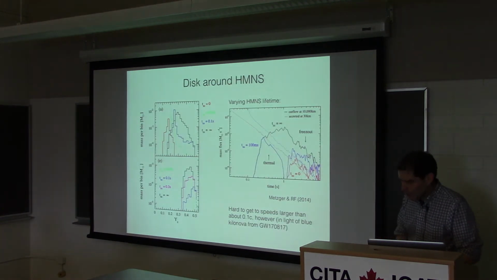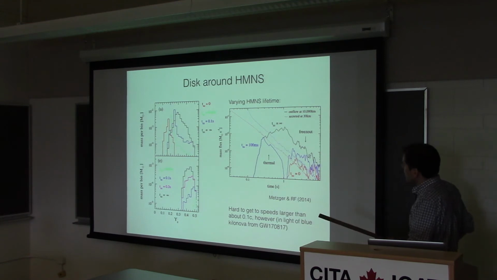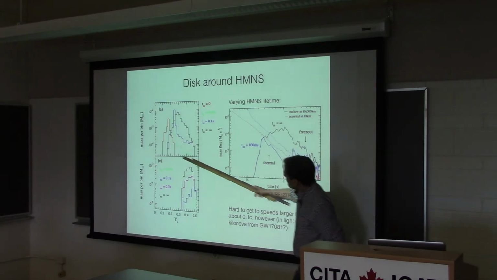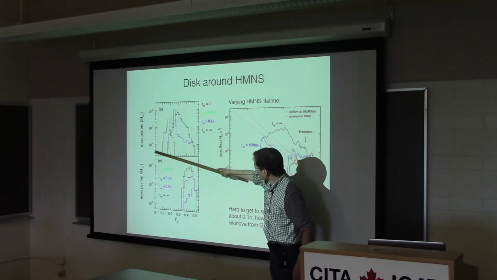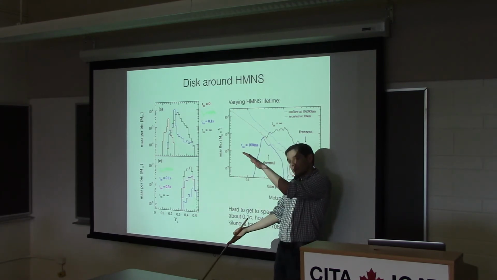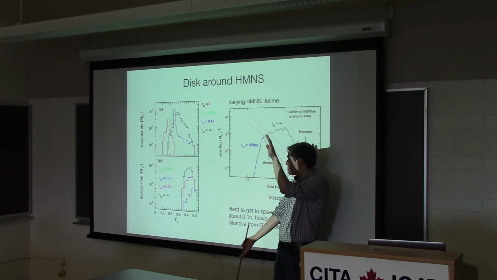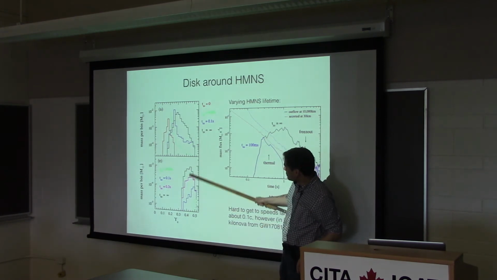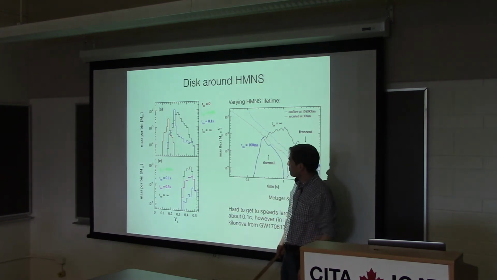This is also a couple of snapshots from the same paper showing a mass histogram, and this is the electron fraction along equatorial latitudes, 60 degrees from the equator, and then polar latitudes, 30 degrees from the rotation axis.